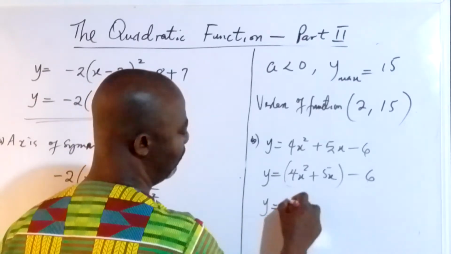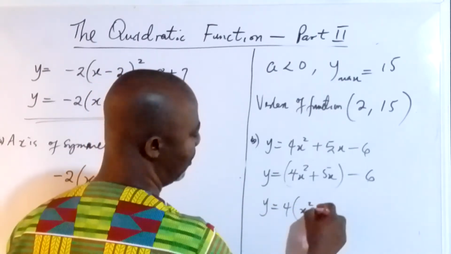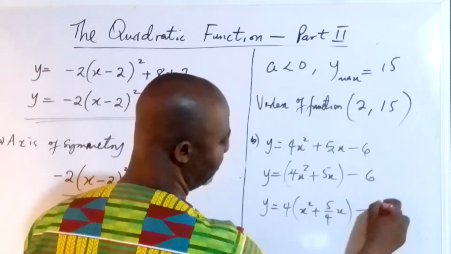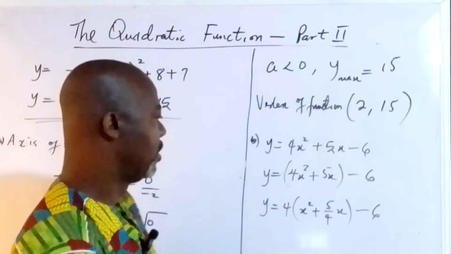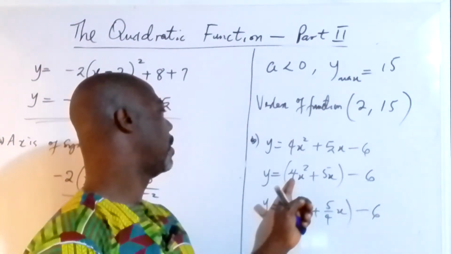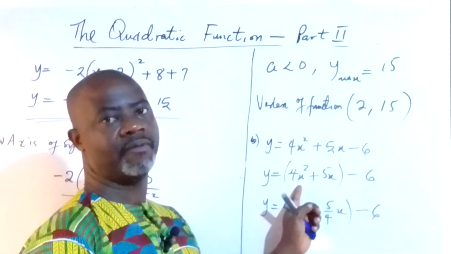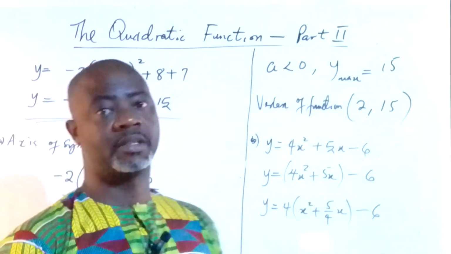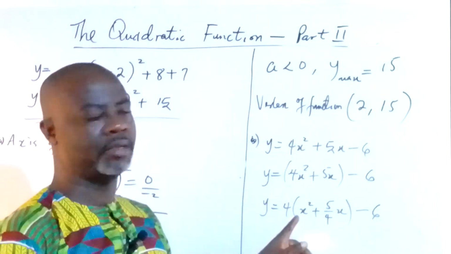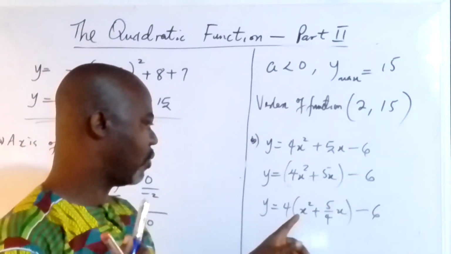So y will be 4 brackets x squared plus 5 over 4x. Now the reason is because our goal is to make x squared have a unit coefficient. I mean, we want the coefficient of x squared within the bracket to be unity, a 1, okay?